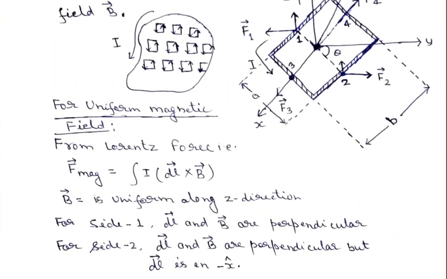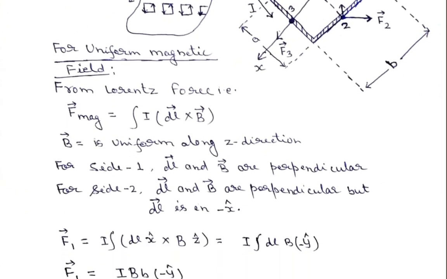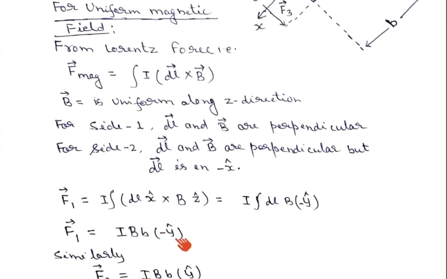The length of the side we have assumed is small b. So that is I capital B into small b into the minus y unit vector. That means the force on side 1 is in the minus y direction, opposite to the y direction.